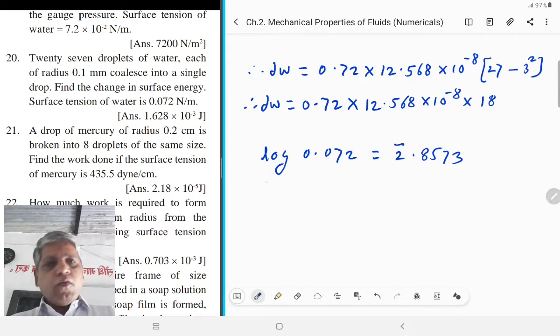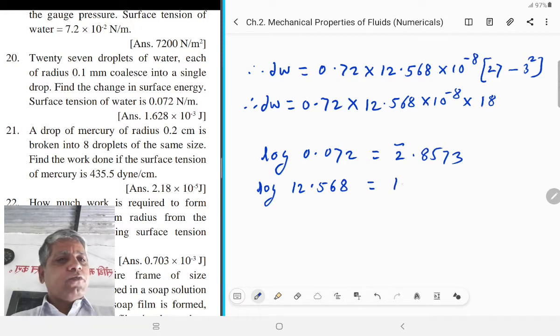Now log of 12.568, characteristics is 1, and to see the mantissa we use only 4 digits.